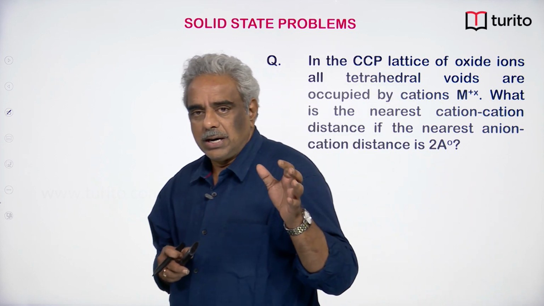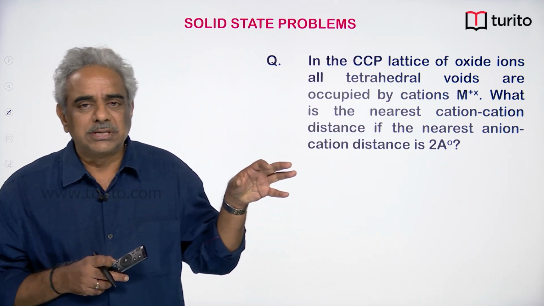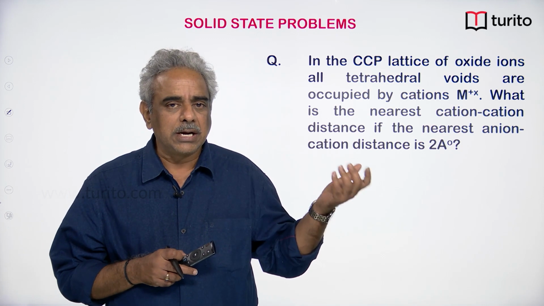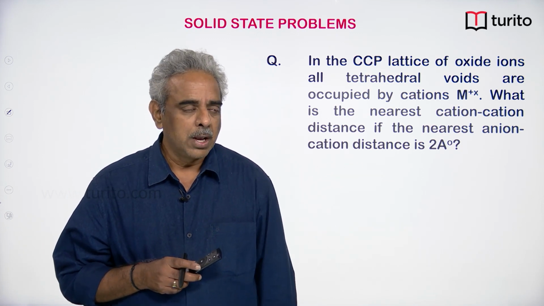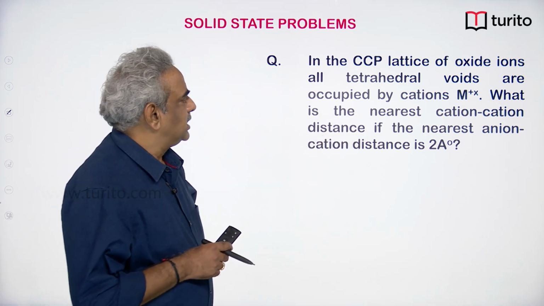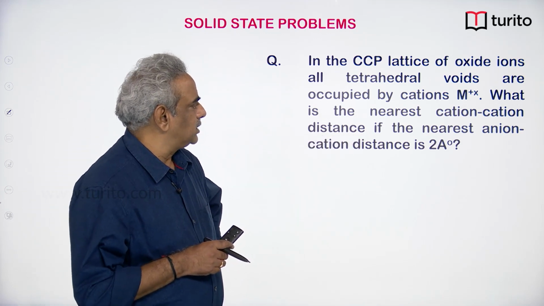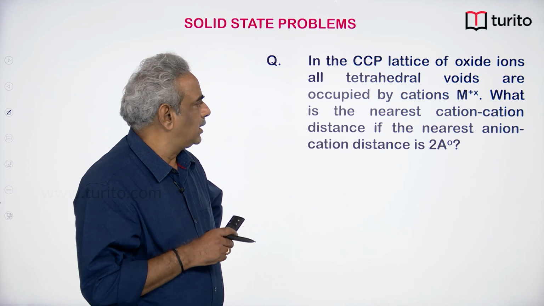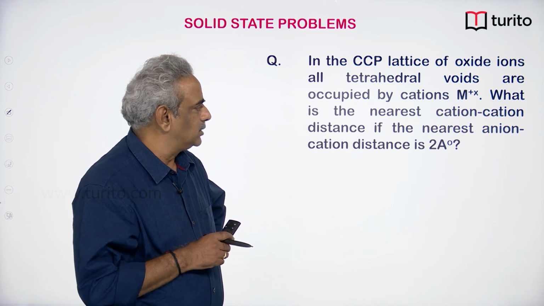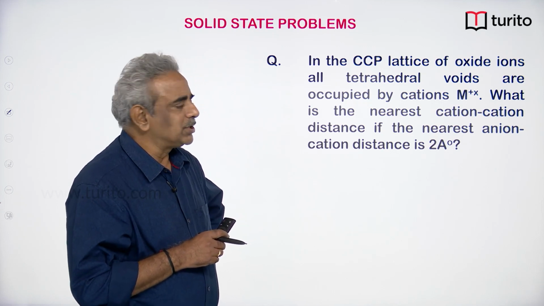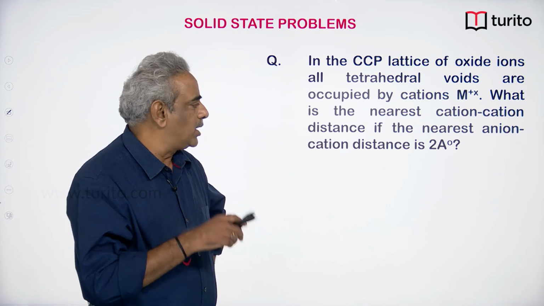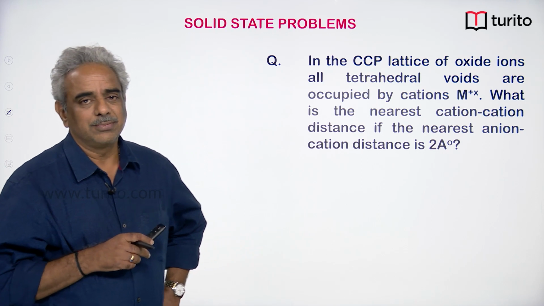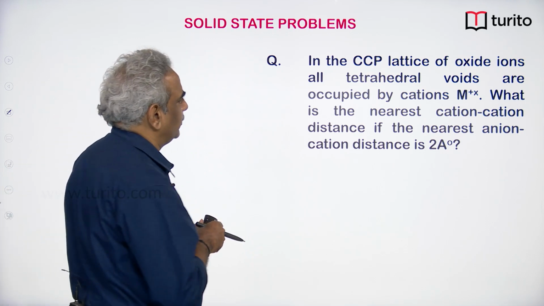There the nearest anion distance is given, nearest cation distance asked in zinc sulphide. But here in a CCP lattice of oxide ions, all tetrahedral voids are occupied by cations. What is the nearest cation distance if the nearest anion cation distance is 2 angstroms? So, let us see.